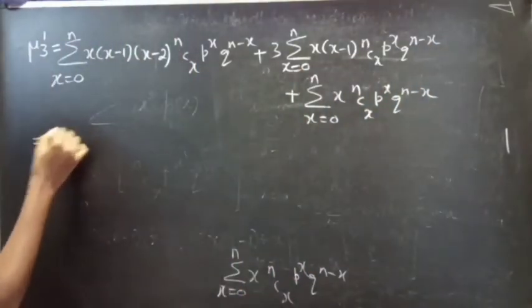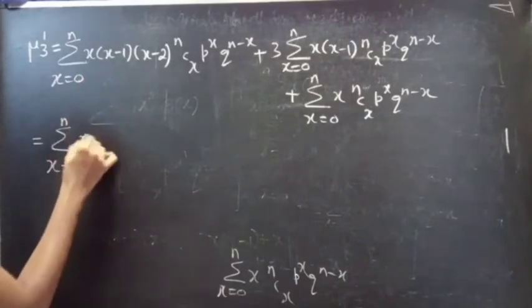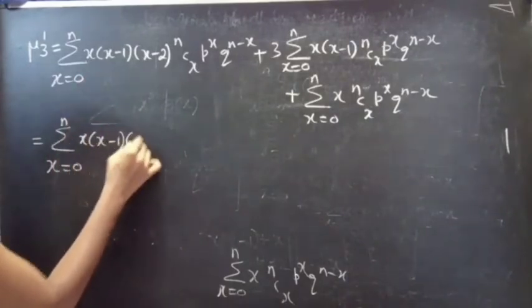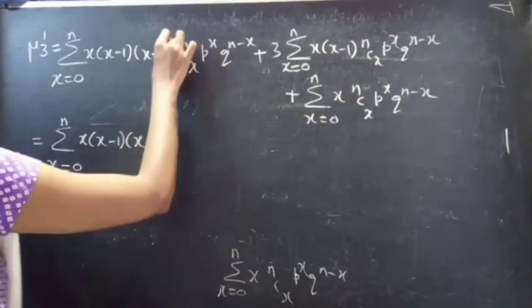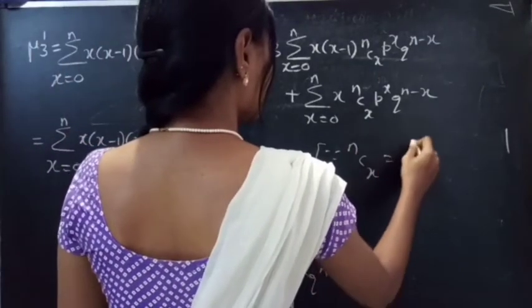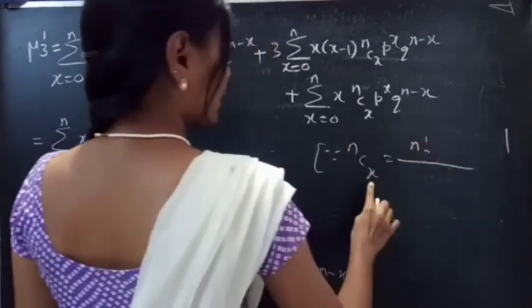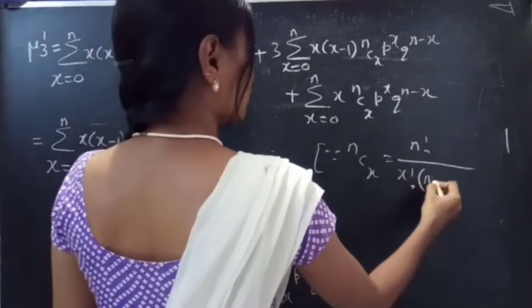So this is equal to summation x equals 0 to n x into x minus 1 into x minus 2. Here you're having nCx, right? Since nCx equals n factorial by x factorial into n minus x factorial.